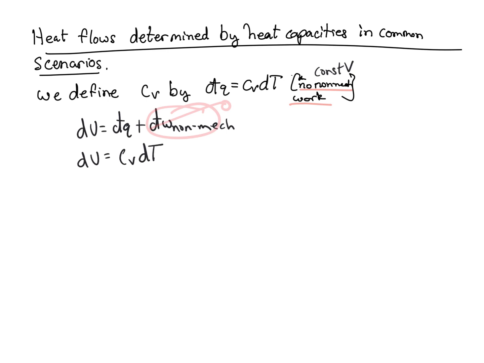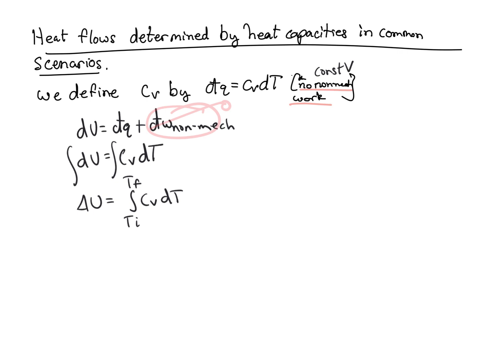Moreover, if we want to get a change in U, we can integrate this. Delta U is equal to the integral of CV dT from Ti to Tf. And since there are no more bars here, this is always true if we do a process under the given condition. So if we're at constant volume and we change the temperature, we can always get the change in internal energy by using the constant volume heat capacity.